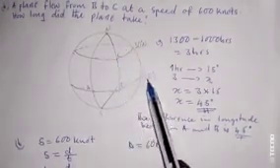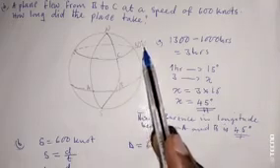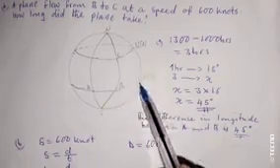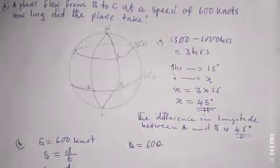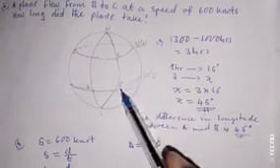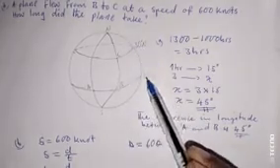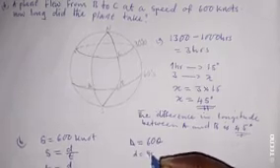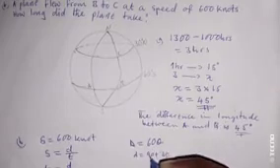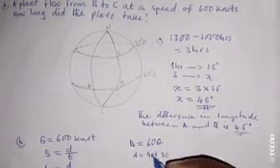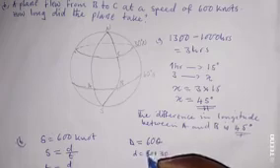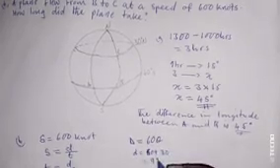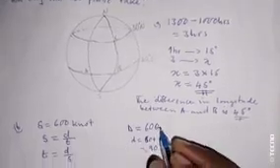We have 60 degrees south and 30 degrees north, so to find the difference in latitude you add these two given latitudes. 60 plus 30 is 90. So 90 is our theta here.